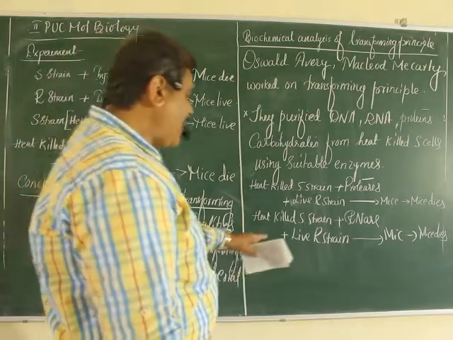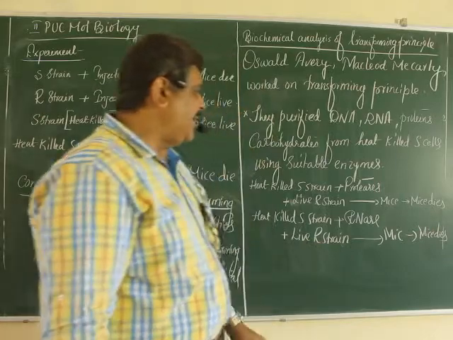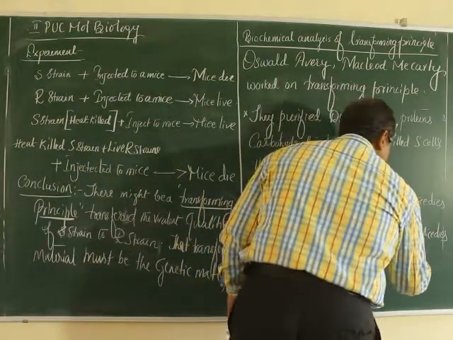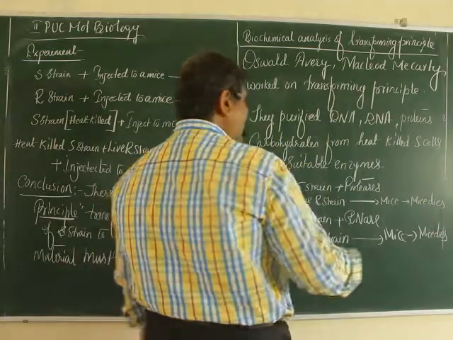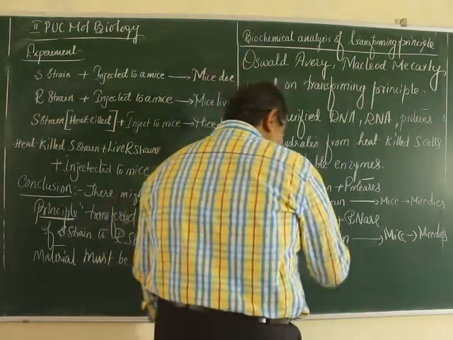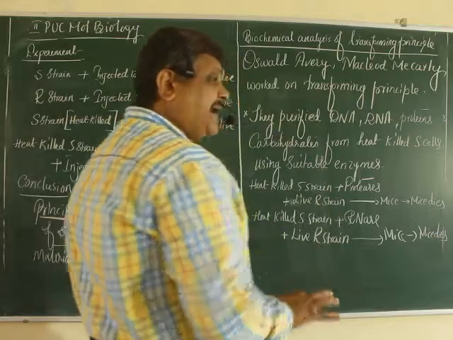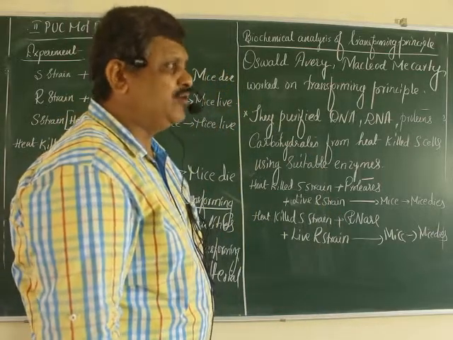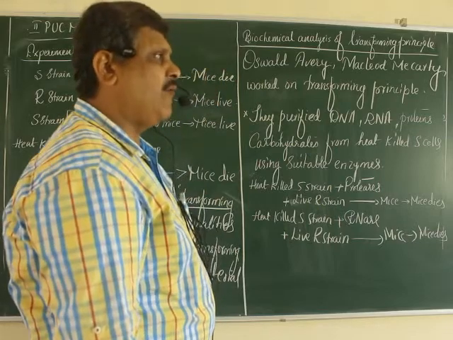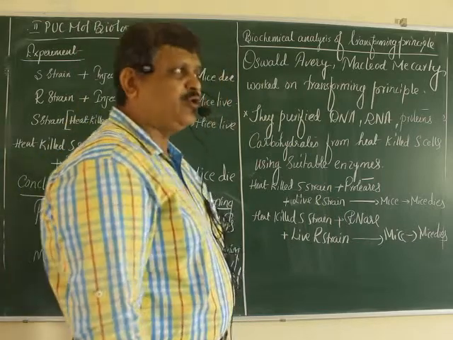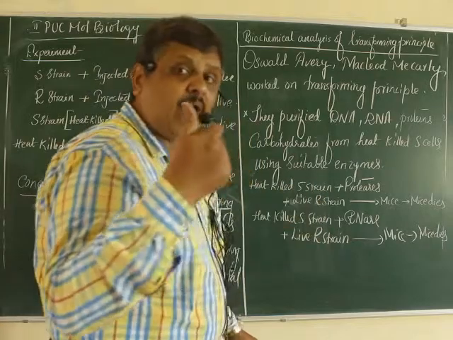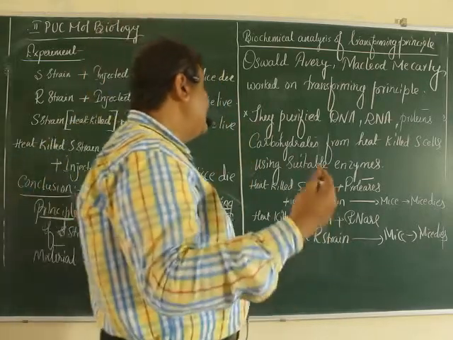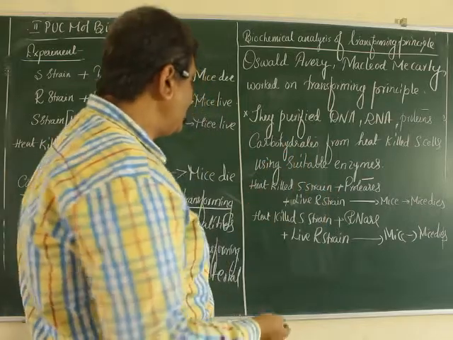It was able to convert the non-virulent R-strain into S-strain. So that's why the mice was affected with pneumonia. Even carbohydrates they used, but even then the transforming principle was not changed. That means carbohydrates are not genetic material, RNA is not genetic material, and proteins are not genetic material.